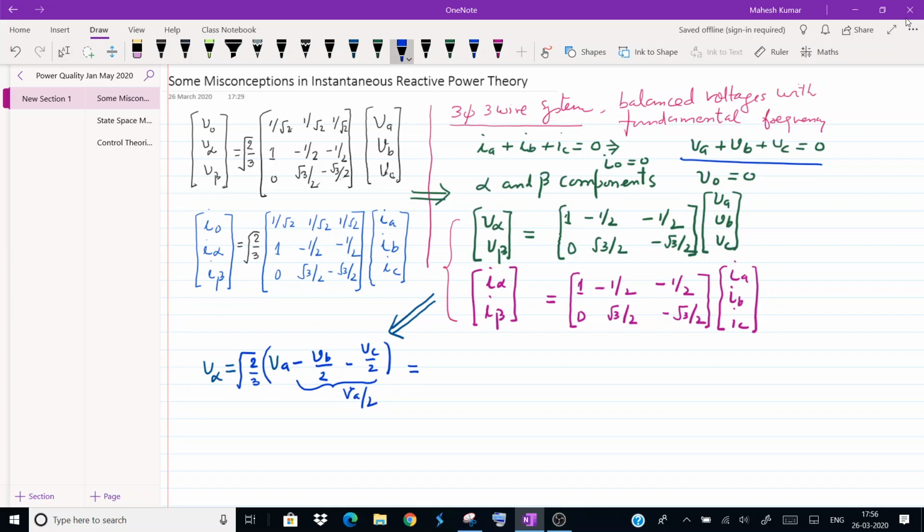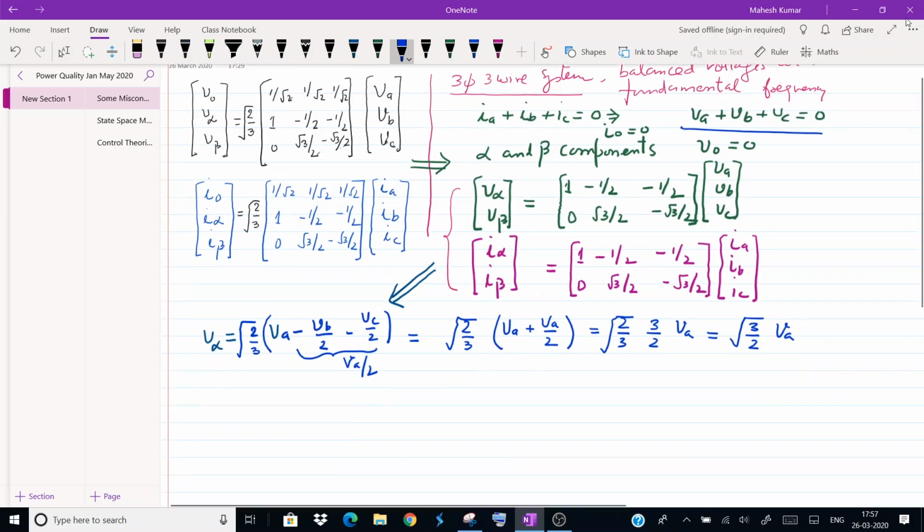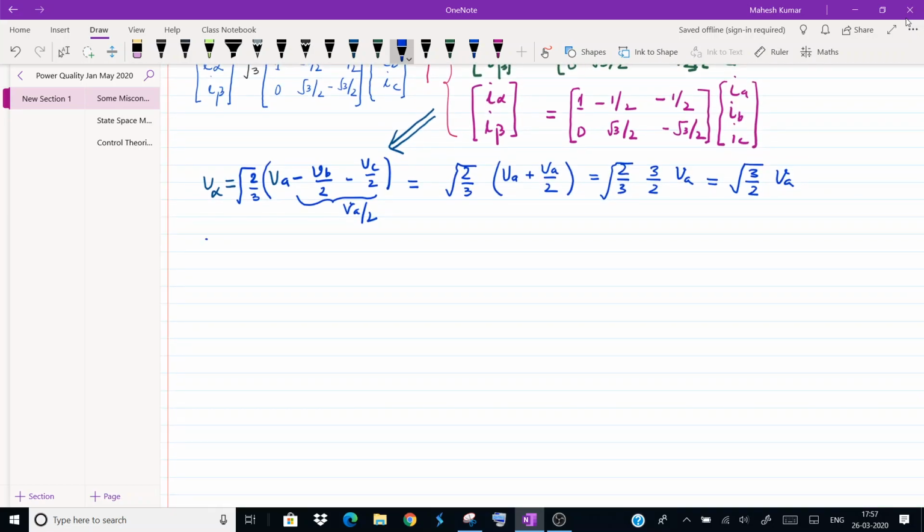Therefore, this is nothing but square root of 2 by 3 into VA plus VA by 2, and this becomes square root of 2 by 3 into 3 by 2 VA, which is nothing but root 3 by 2 into VA. Therefore we have V alpha equal to root 3 by 2 into VA.